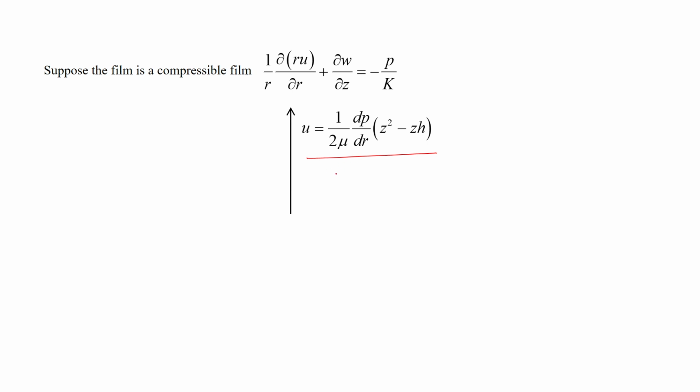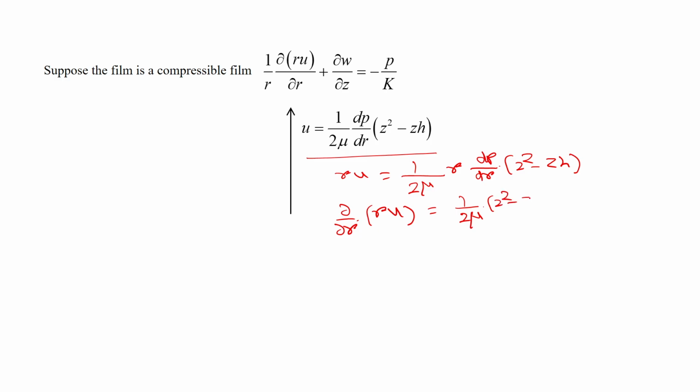So, this is r into u is equal to 1 by 2 mu, into r, dp by dr, and this is z square minus zh. So, del by del r of r into u will be equal to 1 by 2 mu into z square minus zh and del by del r of r dp by dr. And then there is 1 by r here.